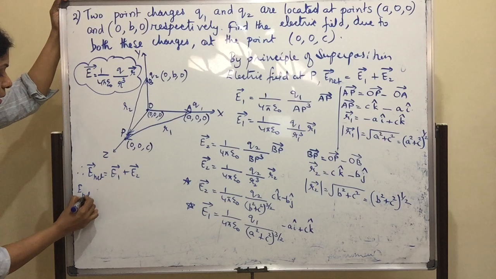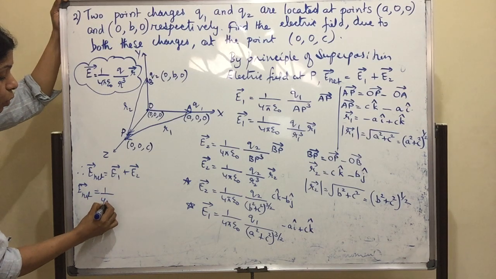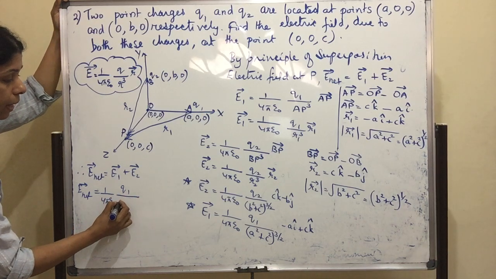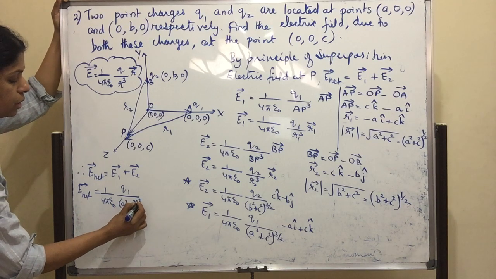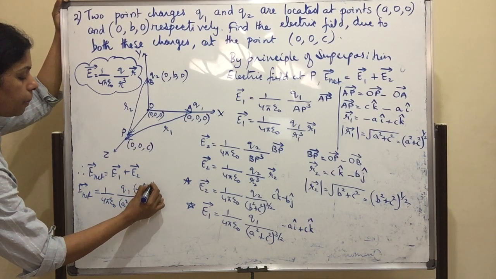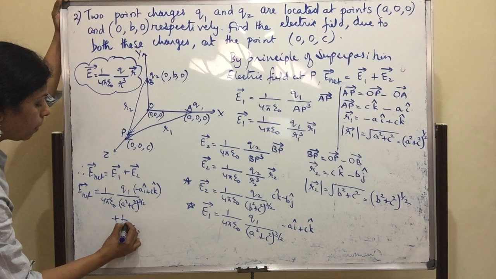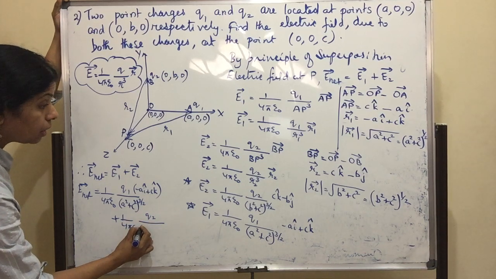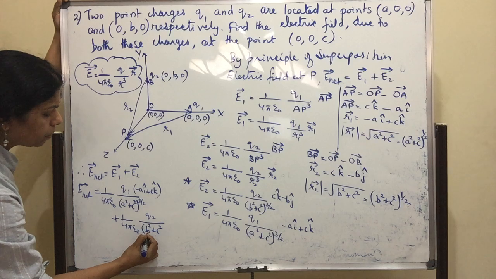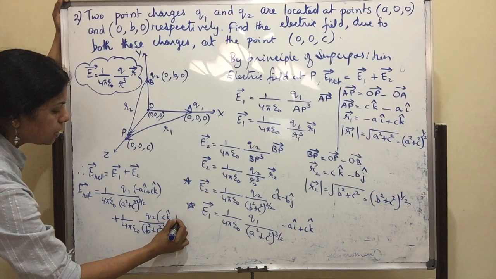Therefore, the resultant electric field at P due to these two charges is equal to 1 by 4 pi epsilon naught, Q1 first, Q1 divided by A square plus C square the whole raised to 3 by 2 into minus A i cap plus C k cap, plus 1 by 4 pi epsilon naught Q2 divided by B square plus C square the whole raised to 3 by 2 into C k cap minus B j cap.